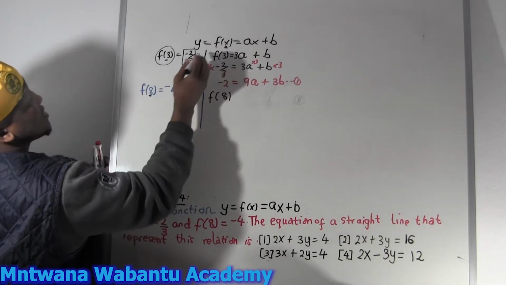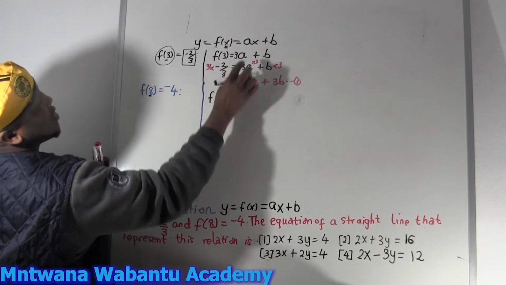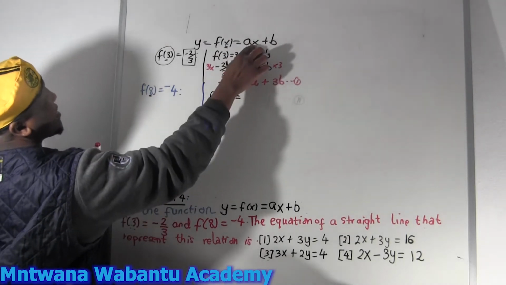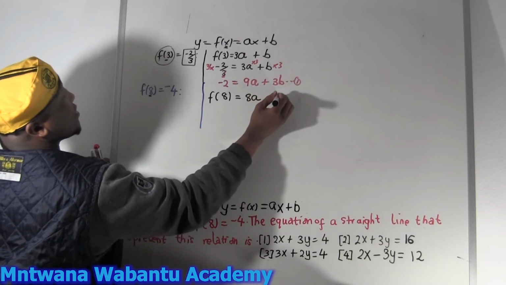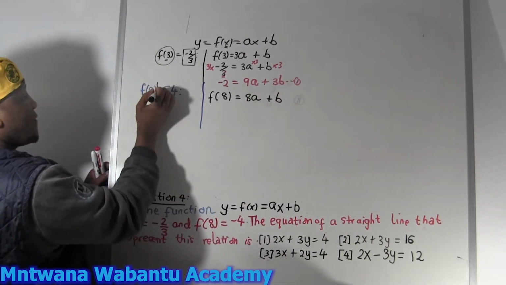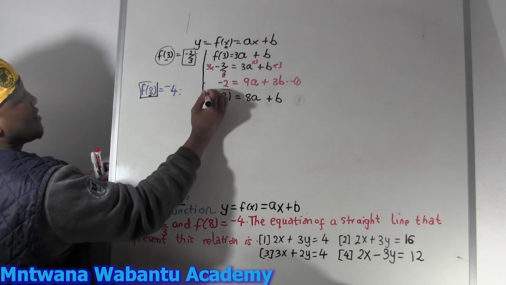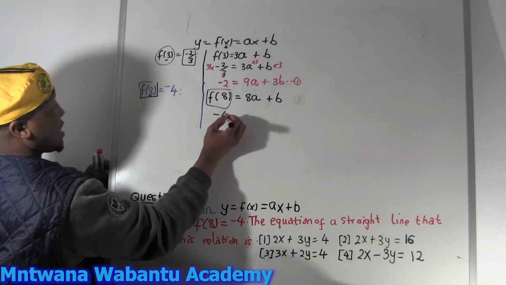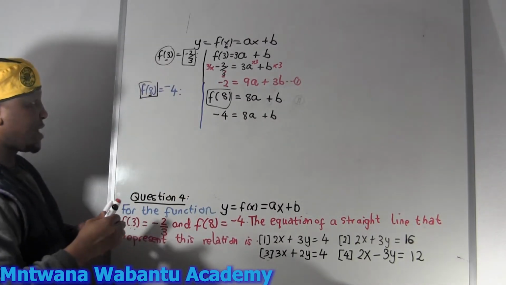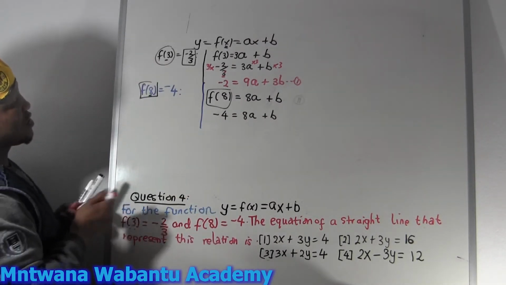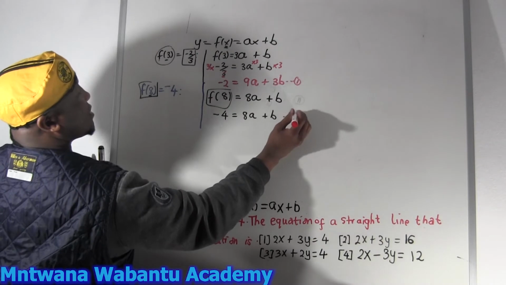Whenever there's the x, which is 8 now, a times x means 8a, plus our b. But f of 8 equals negative 4, so negative 4 equals 8a plus b. So we got another equation, let's call it the second equation.